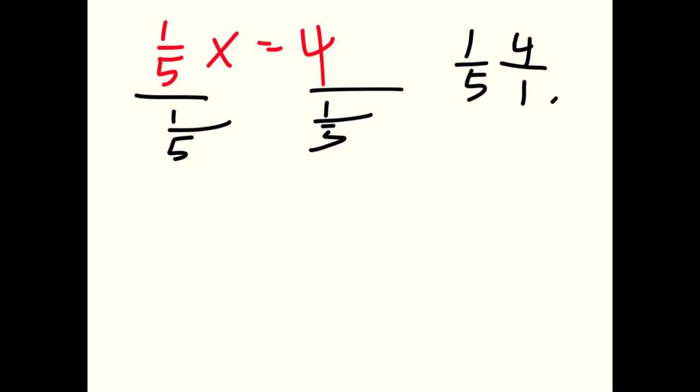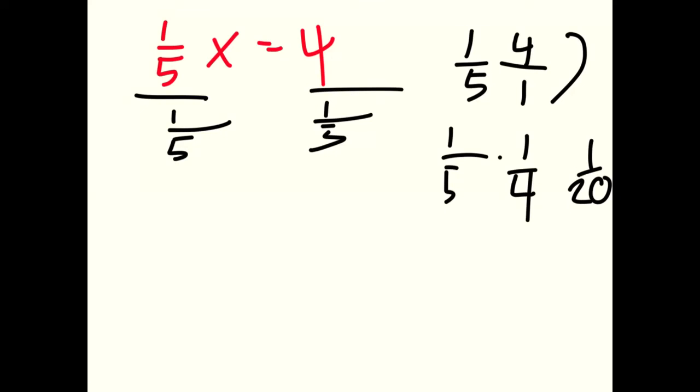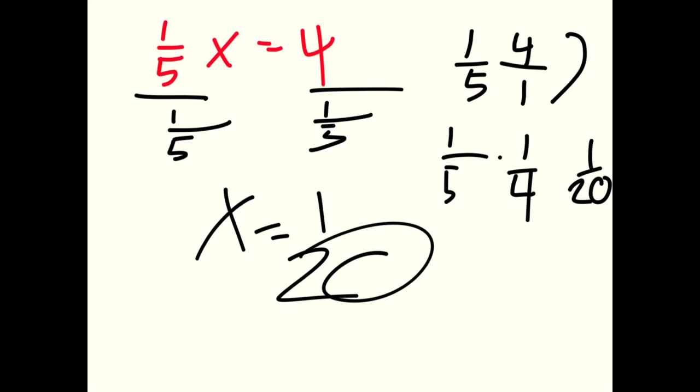And then we flip-flop this, so 1/5, 1/4, and we're going to multiply it. So 1 times 1 equals 1, 5 times 4 is 20. So, in conclusion, our x equals 1/20th.